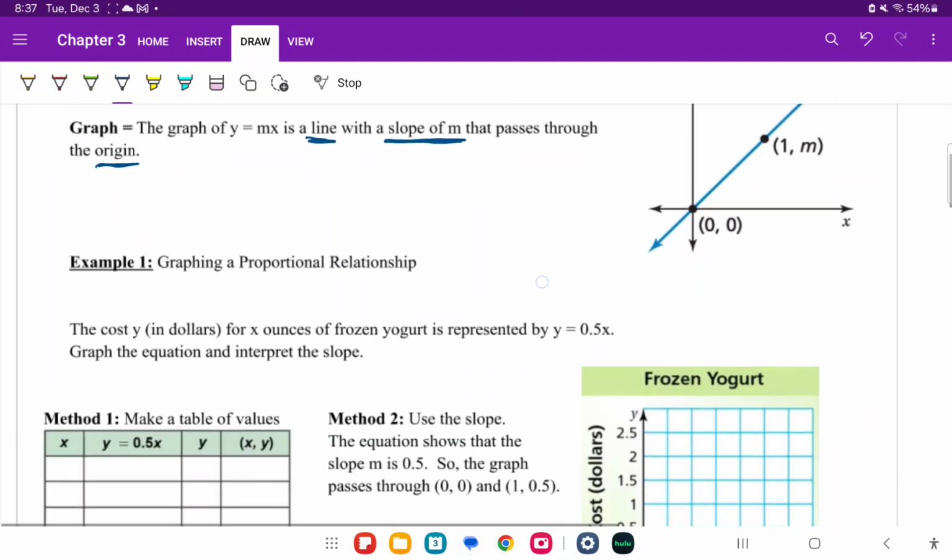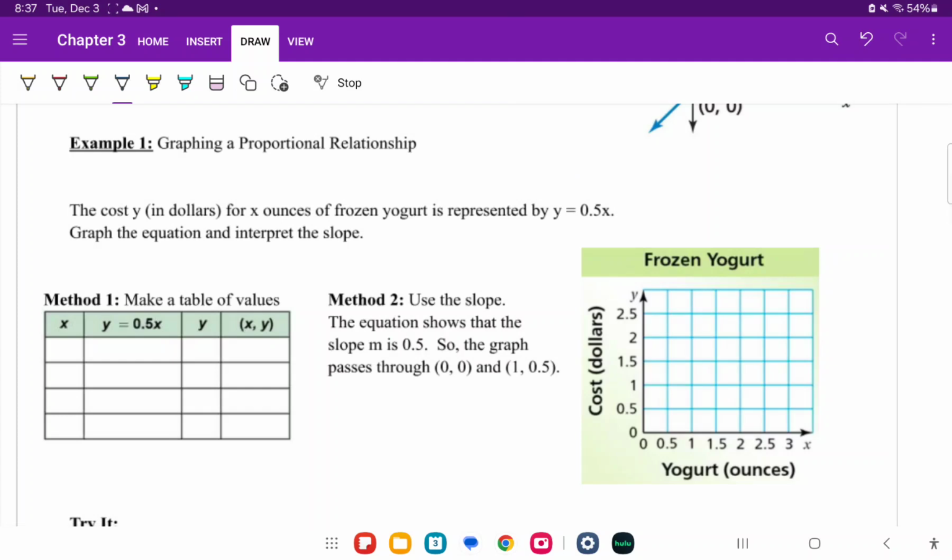So let's look at an example. Example 1, graphing a proportional relationship. The cost y in dollars of x ounces of frozen yogurt is represented by y equals 0.5x. Okay? So our method 1 is to make a table of values.